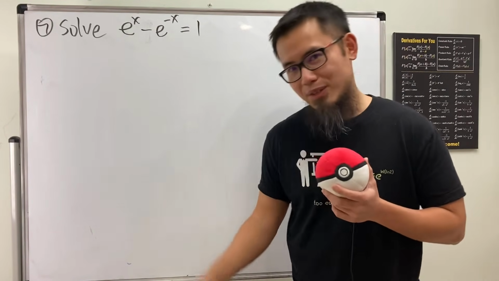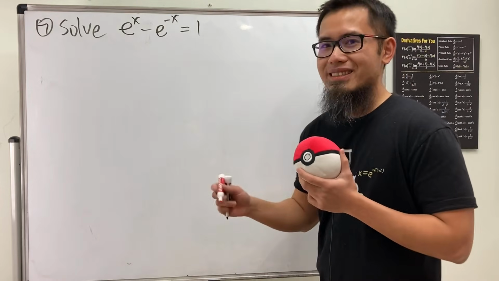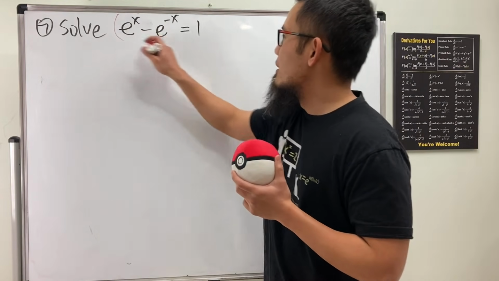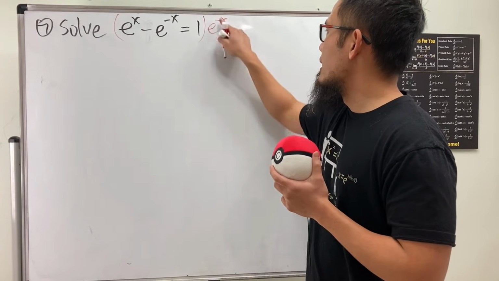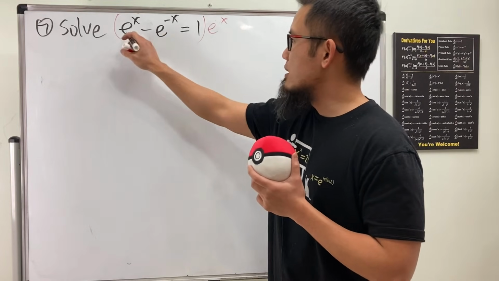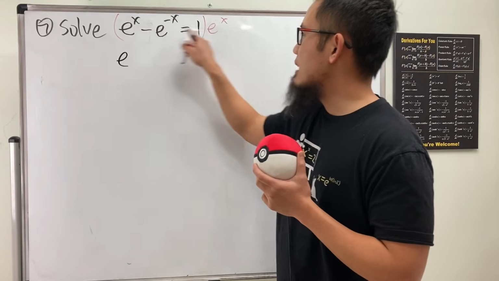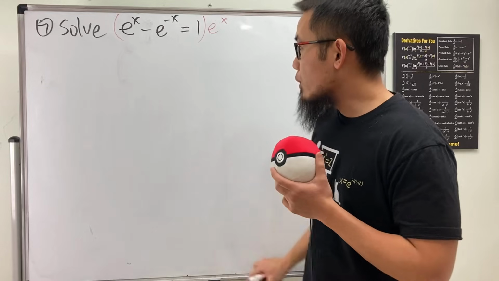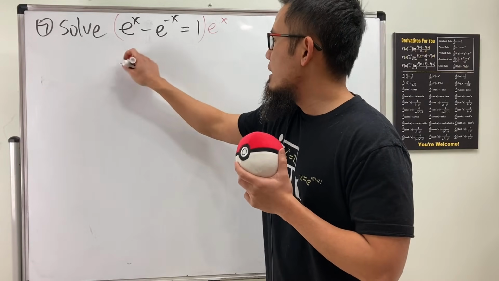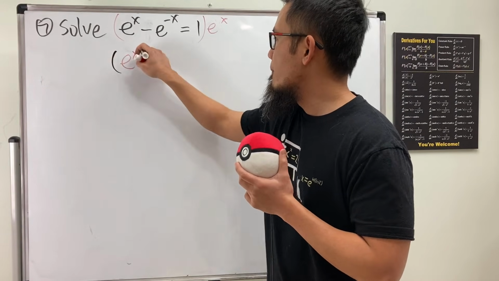Well, have a look right here. This is how we can solve it. Ready? First, notice that we have e to the negative x power, so I'm just going to multiply everybody by e to the positive x. So you can see here, we get e to the x times e to the x, which is e to the x squared. So I'm going to write this as e to the x squared.